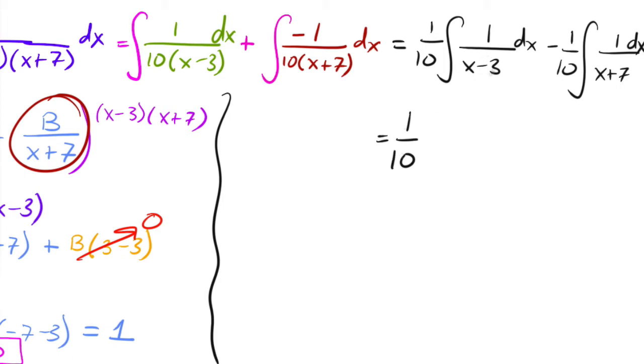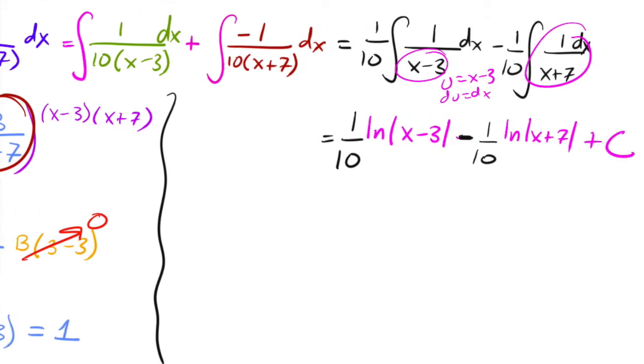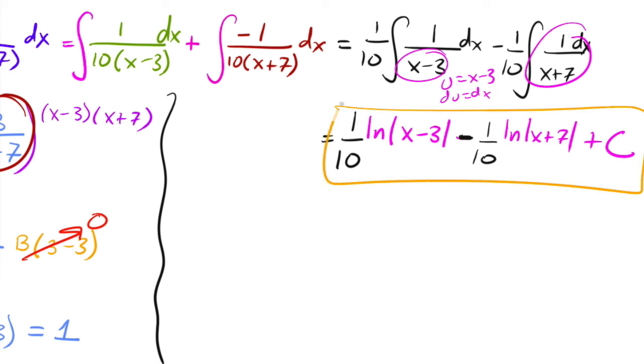I'm not going to do substitution, but if you were to, you would let u be x minus 3, du equals dx. And so you would get that the antiderivative of this is the natural log of the absolute value of x minus 3. With these, usually it's very easy to see what the antiderivative is. Okay, and then minus 1 over 10, and the same thing with this one. This is going to be the natural log of the absolute value of x plus 7, and then plus some constant C. And that's it.